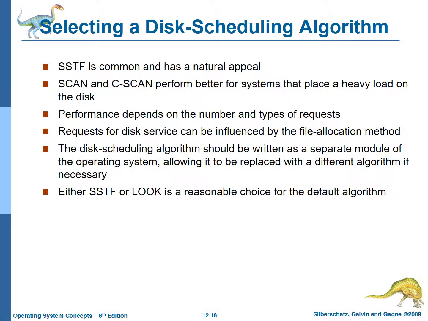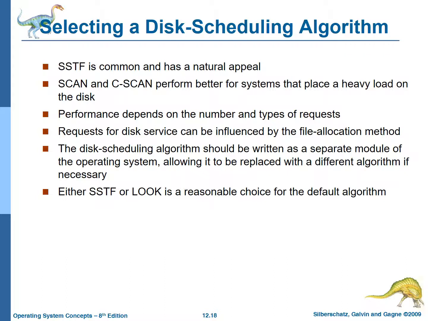Selecting a disk scheduling algorithm. SSTF is common and has a natural appeal. SCAN and C-SCAN perform better for systems that place a heavy load on the disk. Performance depends on the number and types of requests.